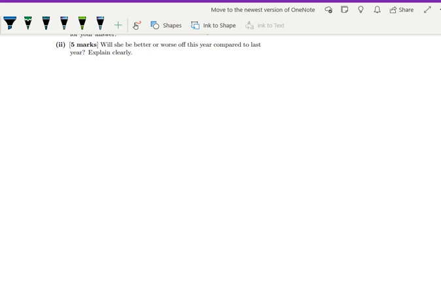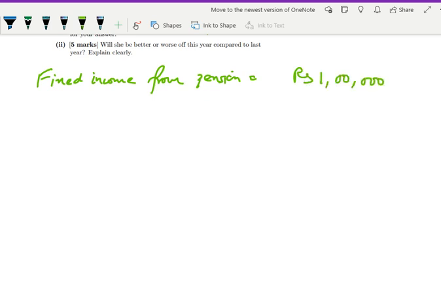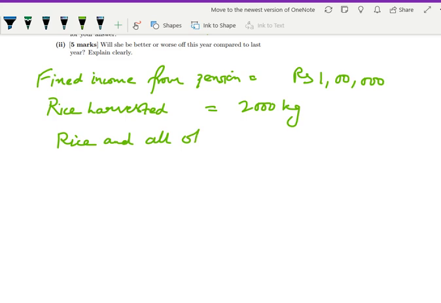If we write it down, the fixed income from the pension is rupees 1 lakh. Rice harvested annually is 2000 kg. Rice and all other expenses are the goods.